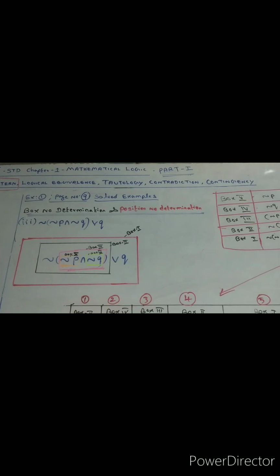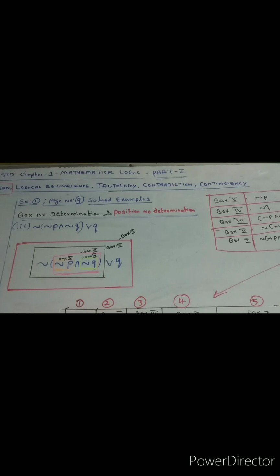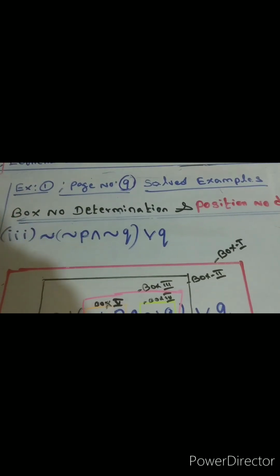One more example for determination of box number and position number. Page number 9, problem number 3. A red color box, that is box number 1, inside black color box, that is box number 2, box number 3 pink color box, box number 4 pale green color, and box number 5 orange color.